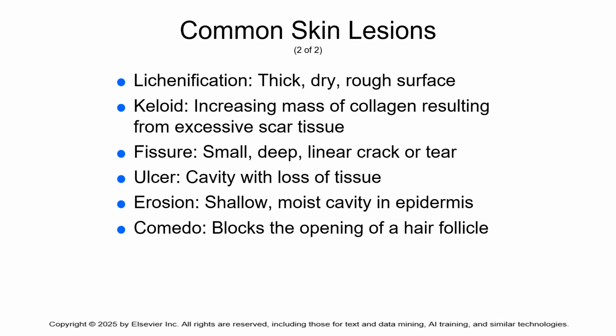A keloid is basically an overgrown scar tissue. It's increased its mass, usually in thickness and in depth, from something that has been a scar previously. A fissure is more of a crack-like area in the skin. It can be small, but it can have some depth to it.